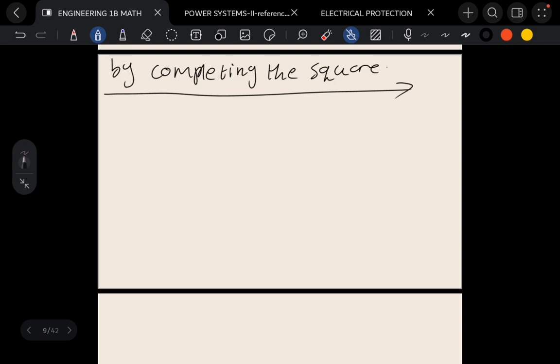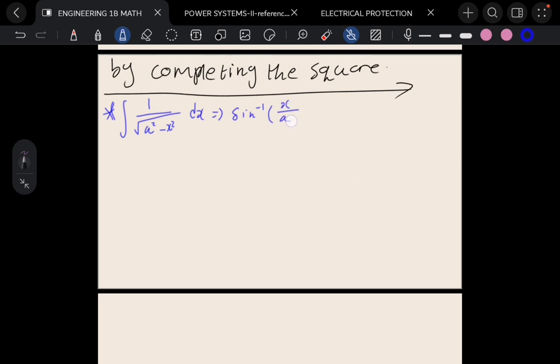These are the formulas. When you integrate 1 over the square root of a squared minus x squared dx, you are going to get arcsine of x over a plus c.